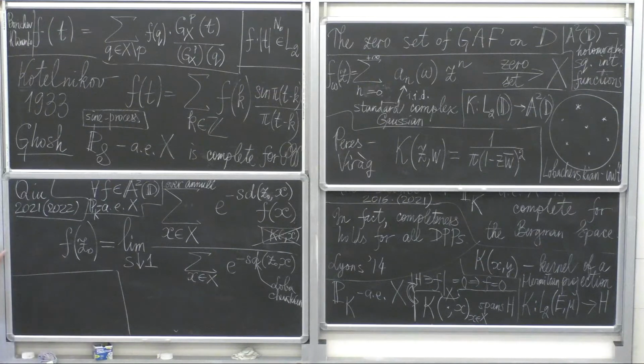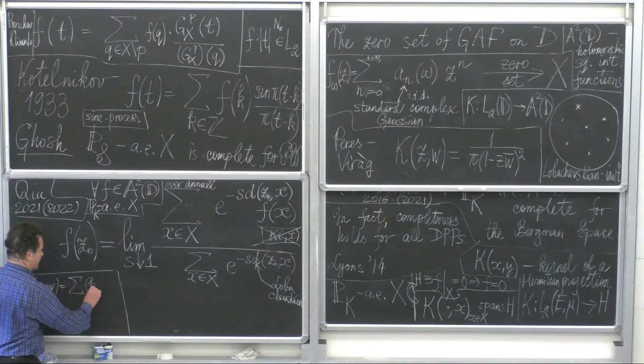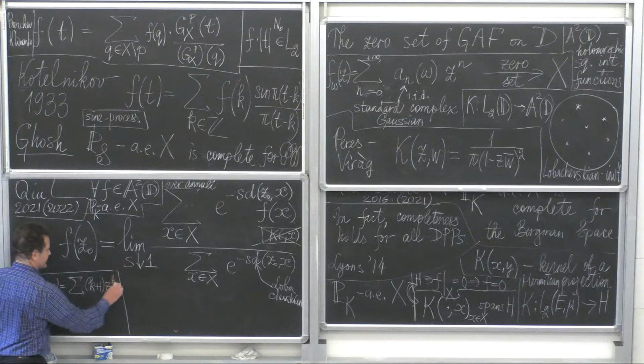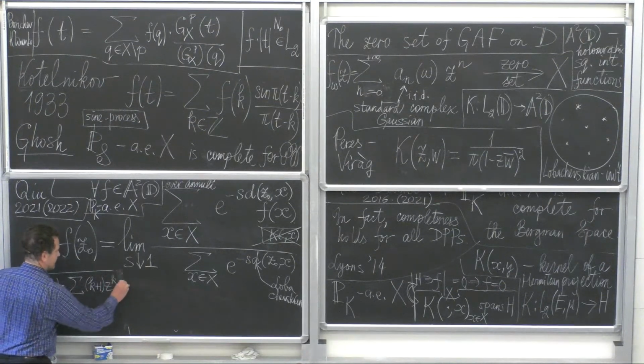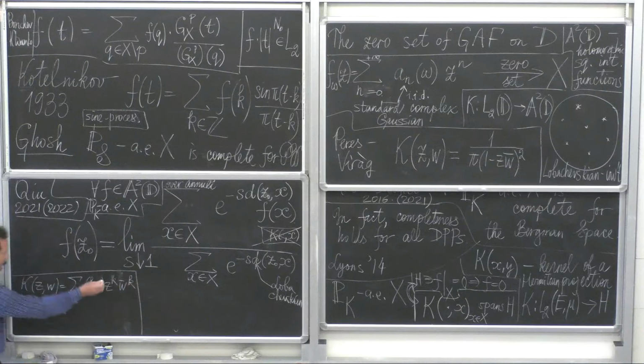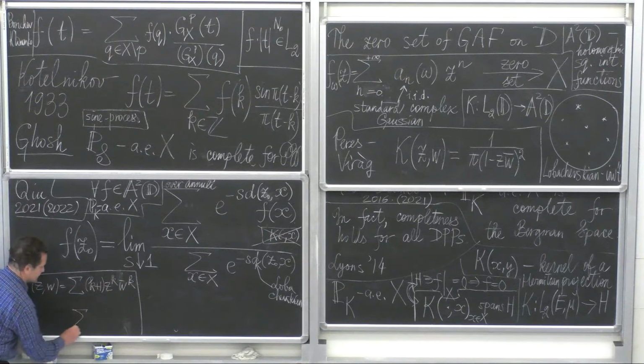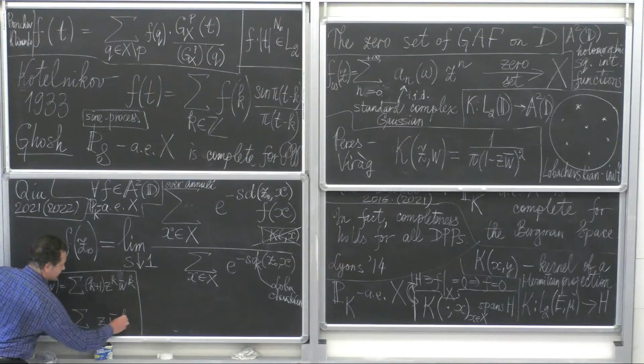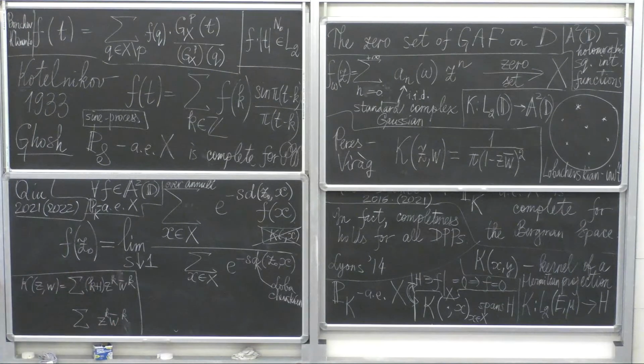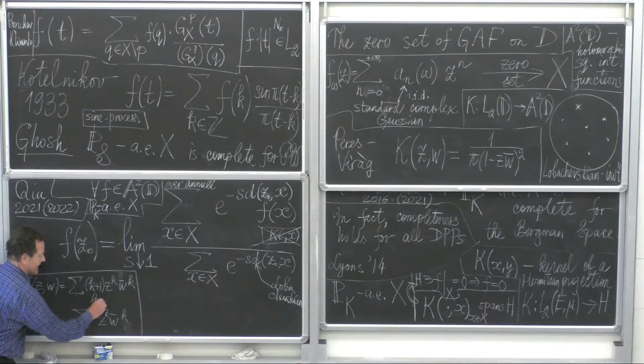We do have it, but only in the case when, for example, the Bergmann kernel is the sum of (k plus 1) z to the k, w bar to the k. If I take just the sum of z w bar to the k, I get Hardy space, and of course there I have boundary values. Uniform can go a little bit beyond, if here I put a logarithm of k.